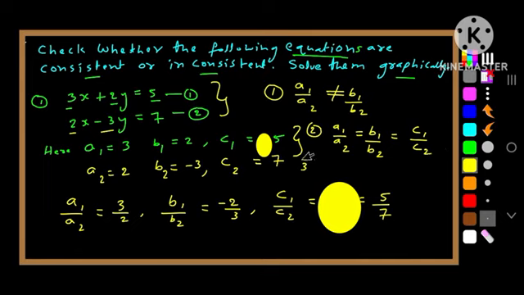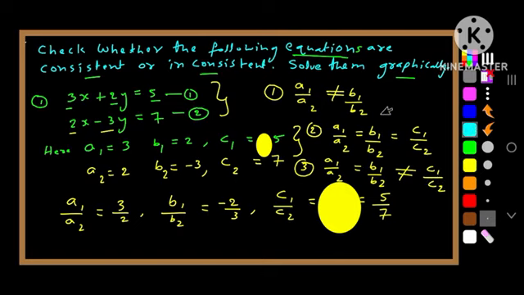Similarly, the third case: a1 by a2 is equal to b1 by b2 is not equal to c1 by c2.